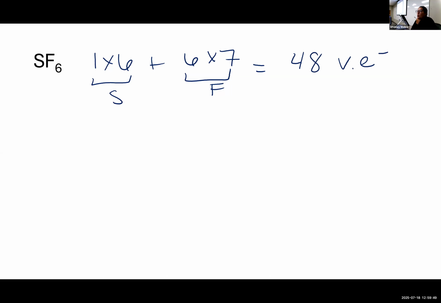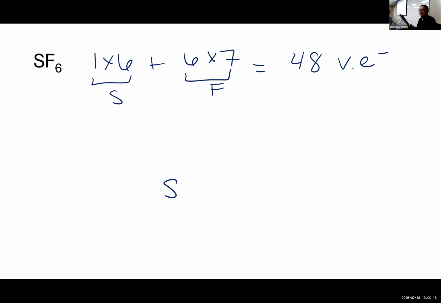Question: what is your central atom? Yes, sulfur is your central atom because it's written out front and it's less electronegative than fluorine. So S, and then I have to draw out all of the fluorines around the central atom.